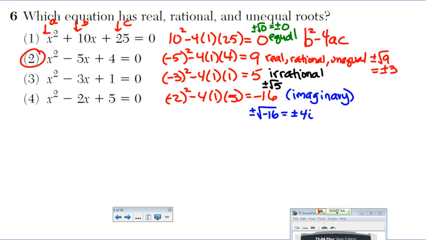Now, if you don't remember the discriminant method, there is another way to do it, and that's to do it graphically. Recall that the roots of the equation are where the graph hits the x-axis. So I could redo this problem graphically. I'm going to erase this all, so pause it if you need to write it.